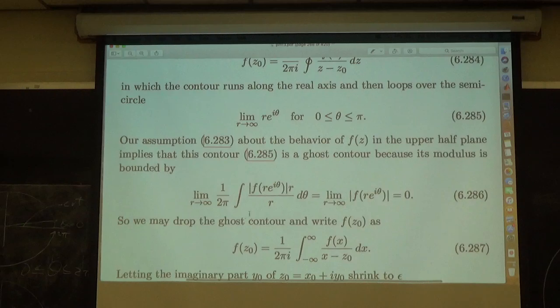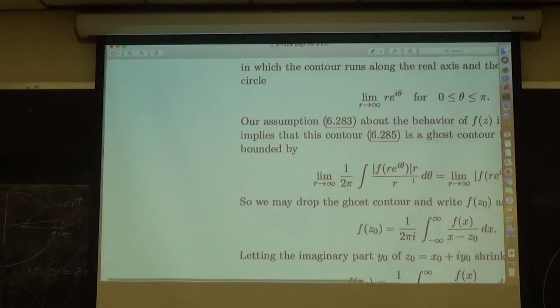On the other hand, since we've assumed that the absolute value of f goes to 0 on that Gauss contour, the value of the Gauss contour is just 0. So we drop the Gauss contour.